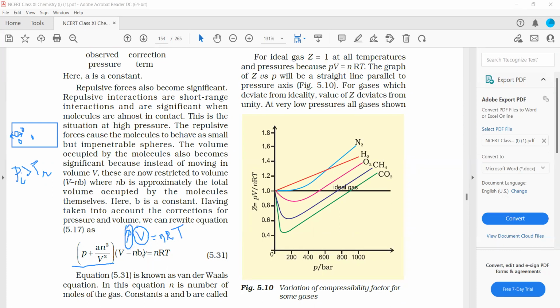So we need to subtract the volume occupied by the gas molecules, that is nb, where n is the number of moles. This is the correction term. So it is not V, it is V minus nb. You need to subtract the volume occupied by the total gas molecules, and now that will be equal to nRT. So the ideal gas equation PV equals nRT can be rewritten as this, which is the real gas equation.